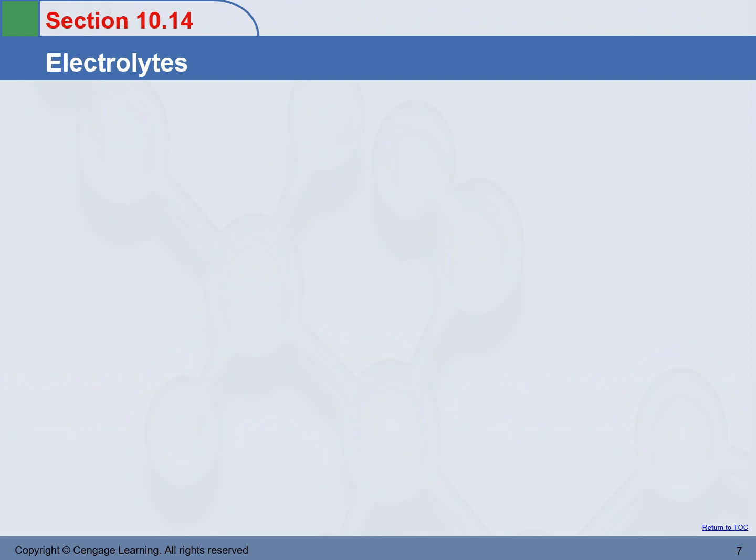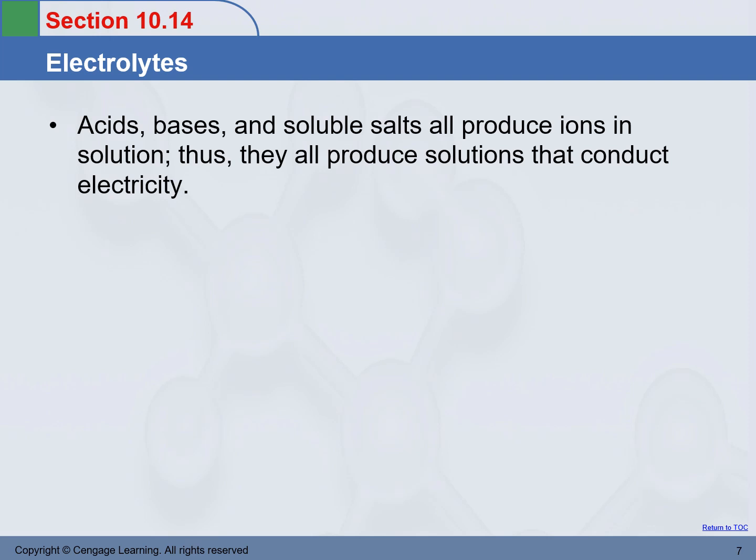Electrolyte. Electrolytes is a topic you need to know. Acids, bases, salts, when they're dissolved in water, they produce ions. Be it ionization or dissociation, they all have ions in their water solution.